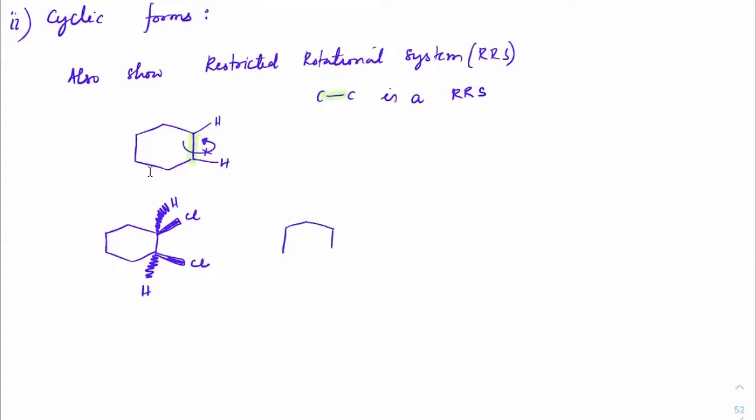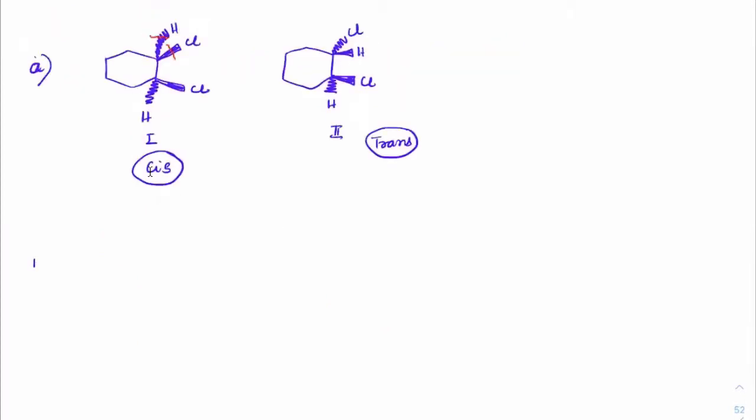And if I break the hydrogen bond and chlorine bond, and make it such a way that I get chlorine on the back, hydrogen on the front, and here also chlorine on the front and hydrogen on the back, then compounds 1 and 2 are definitely geometrical isomers of each other. Got it? And since both chlorines are the bulkier groups on the same side, as they are coming out, I will call this the cis kind, and here I will call this the trans kind.